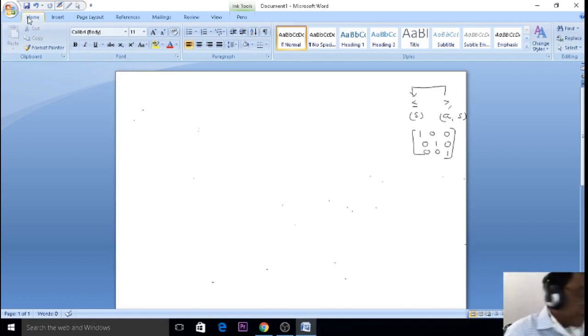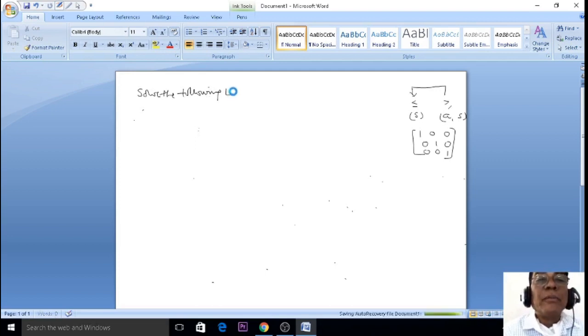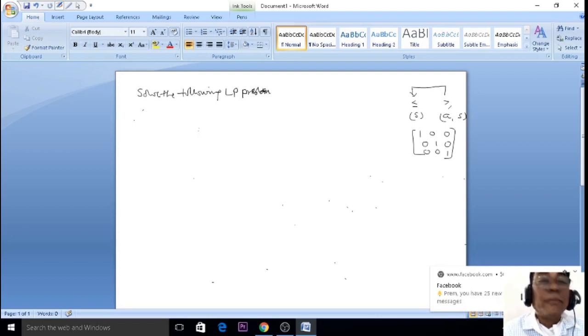So what is the problem here? The problem is given like this. Solve the following LP problem using simplex method.